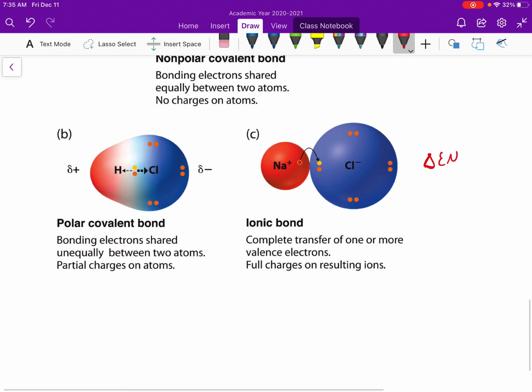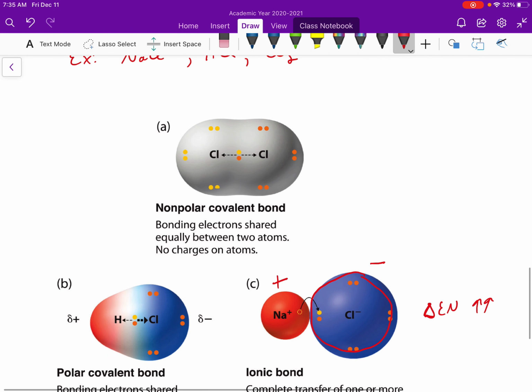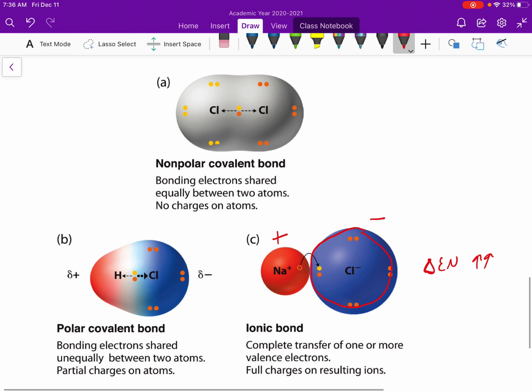So delta electronegativity is super high. So what's going to happen is these electrons are only going to be found around chlorine and not around the sodium at all. Okay? And that creates a complete negative charge over here and a complete positive charge over here. Ionic, right?